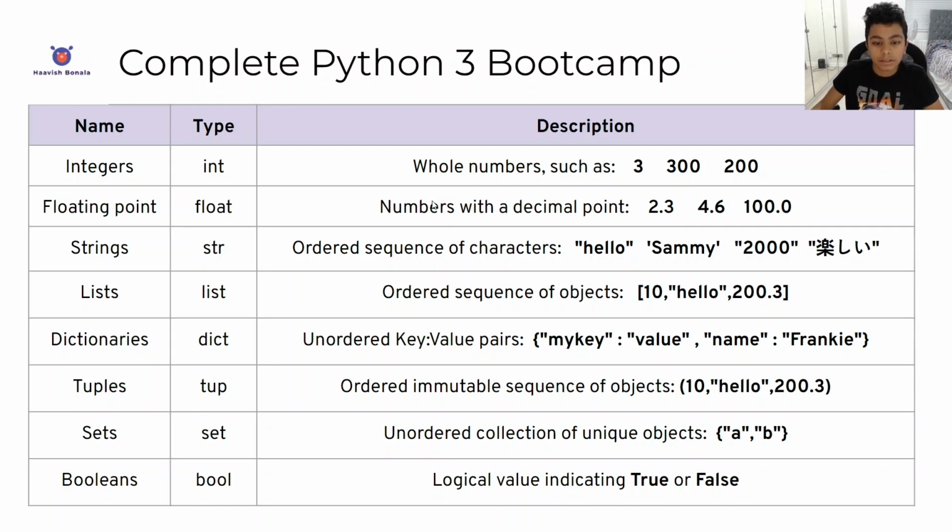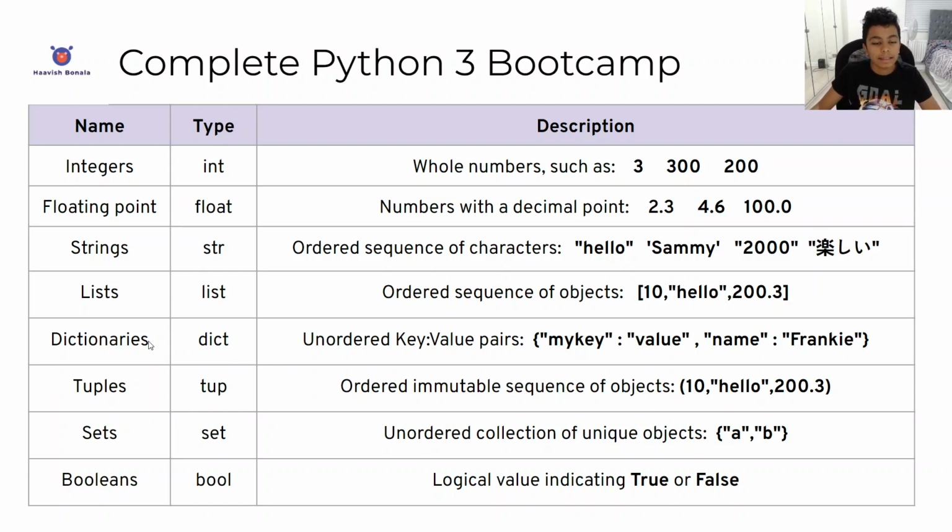So these are numbers with a decimal point, and you have strings, which are basically ordered sequences of characters like hello, Sammy, that's the name, 2000, and also other characters.